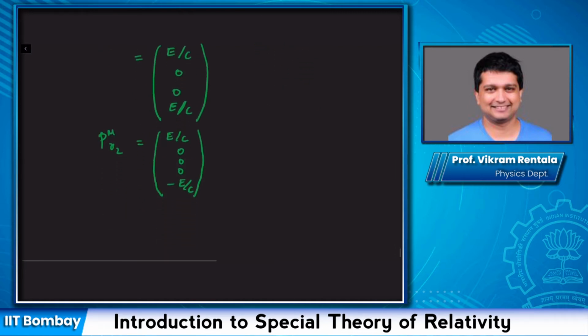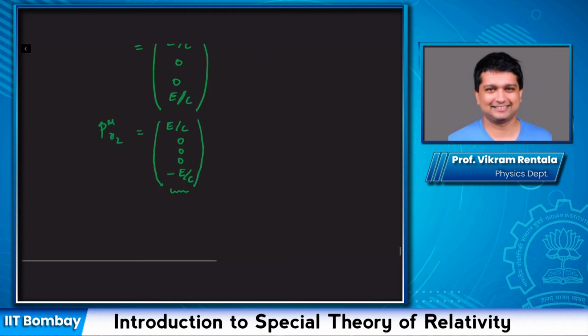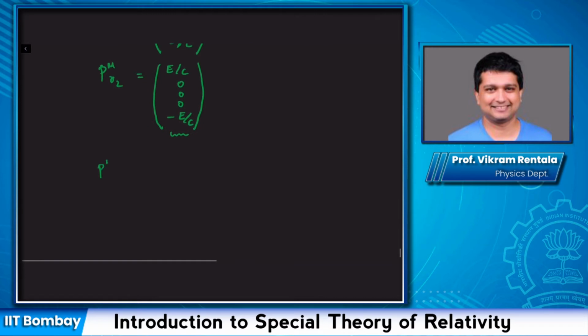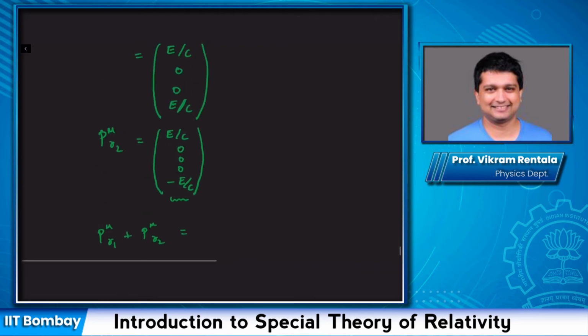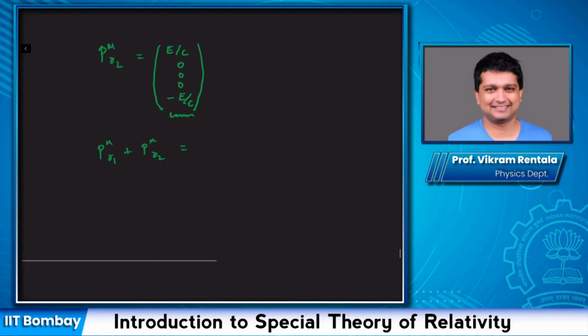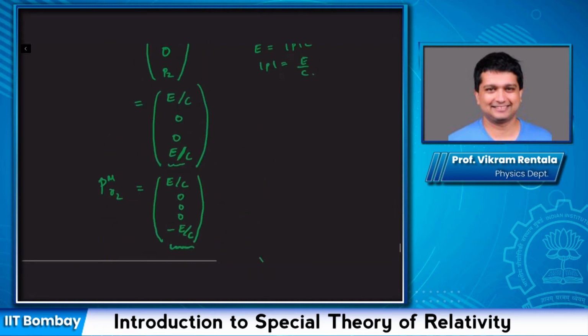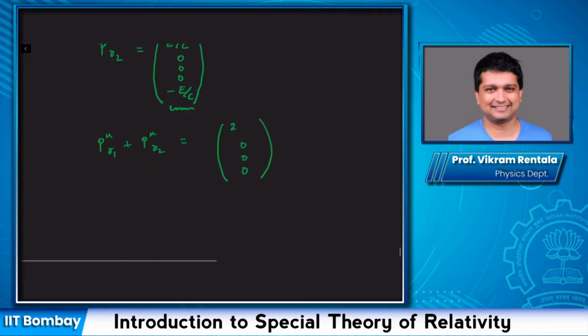But in this case, the momentum is along the negative z direction. So now if we add up these 2 photon 4 momenta, the net z component is 0, as expected because of momentum conservation. And the total energy is 2E, and the component in the 4 vector is 2E by c.